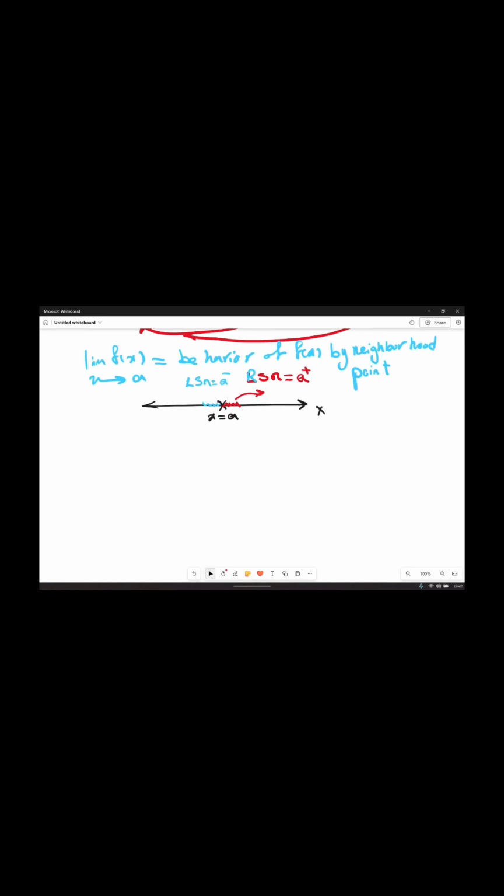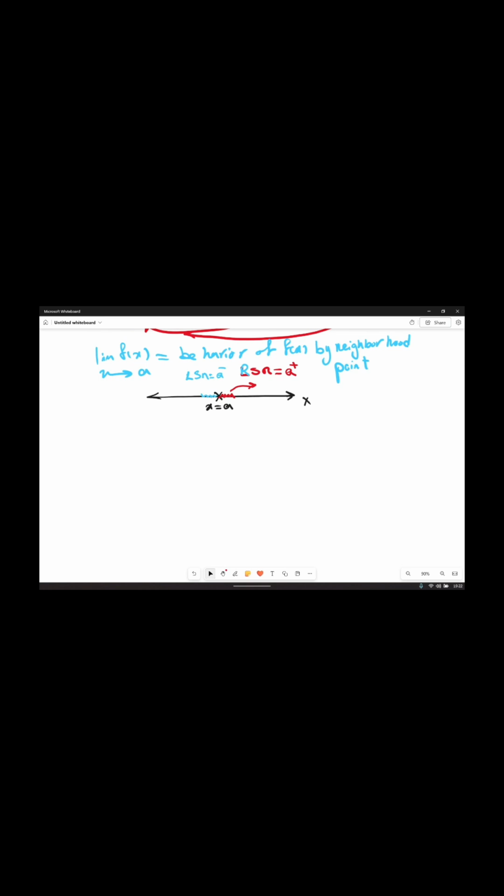After this making sense, let's get started to understand the precise definition. For example, when we say the limit of f(x) as x approaches a equals L, what's the meaning of this exactly in mathematics?